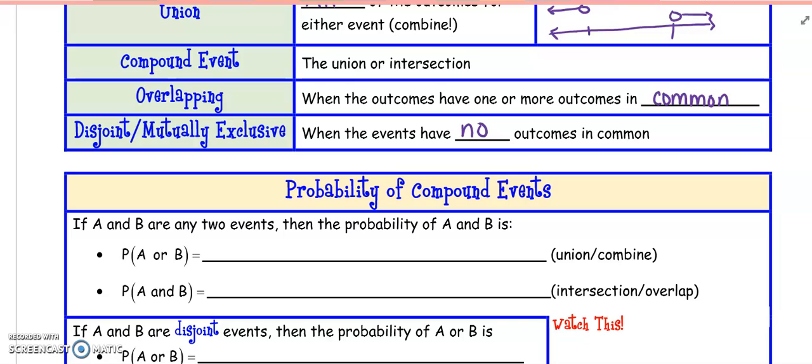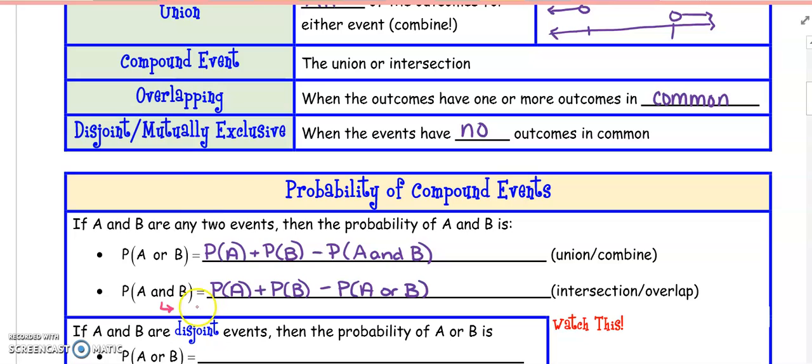If we want the probability of A or B happening, we can say the probability of A plus the probability of B, and then we subtract off the probability of A and B. If we want the probability of A and B happening, we would take the probability of A, add the probability of B, and then subtract off the probability of A or B.